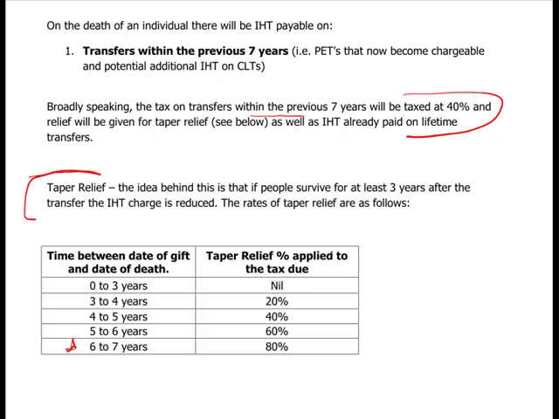So you say, okay, 80% of the tax due is mitigated, is reduced, and then on a sliding scale back to less than 3 years before death, there is no tapering of the tax, so the full 40% will hit on any gift that was made within the 3 years before death. Basically that's saying you can't just give away all your assets the day before you die and avoid inheritance tax.